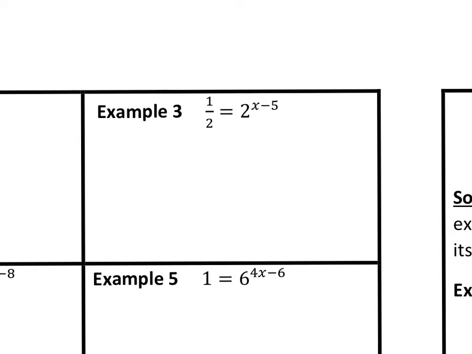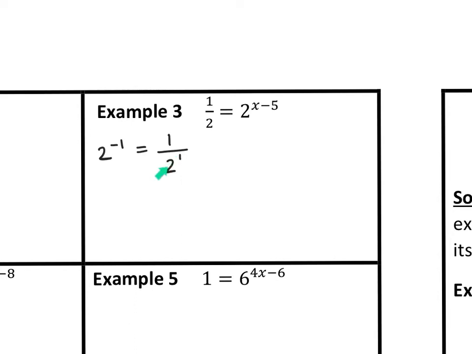And if you remember, what we want to say here is that 2 to the negative 1, to make the exponent positive, we move the 2 to the bottom. We move the 2 to the bottom, and the negative 1 becomes a positive 1.